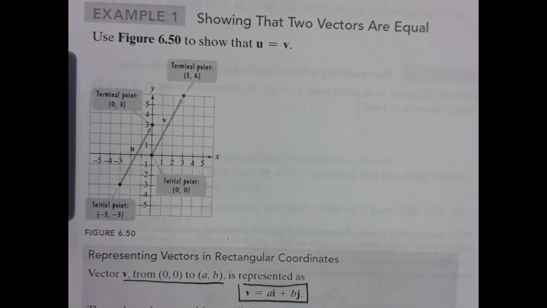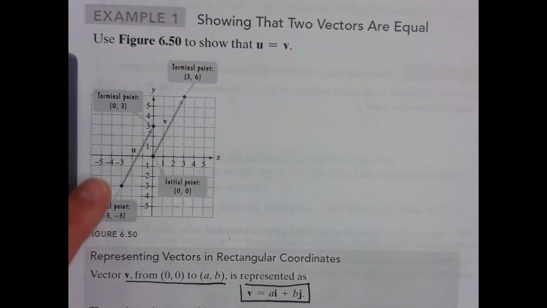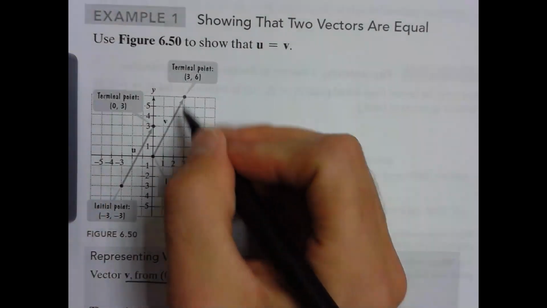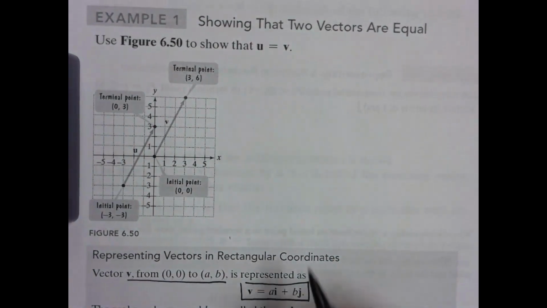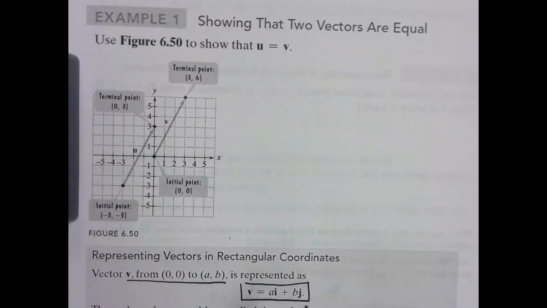I don't know that I would jot down this entire picture, but if you want to, that's fine. We are going to work with these points, but our main task here is to show that vector u is equal to vector v.